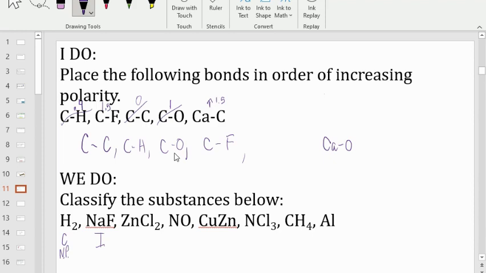What is this guy? Ionic. Okay. NO. What is NO? The electronegativity difference is 0.5. So I would probably call this polar. It's right on that fence line. They would never ask you anything that generalized. What about this? Metallic.